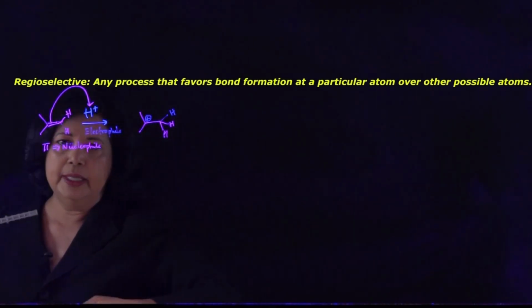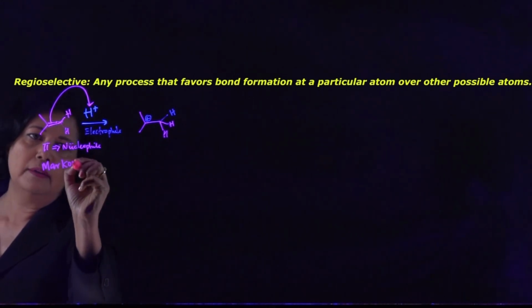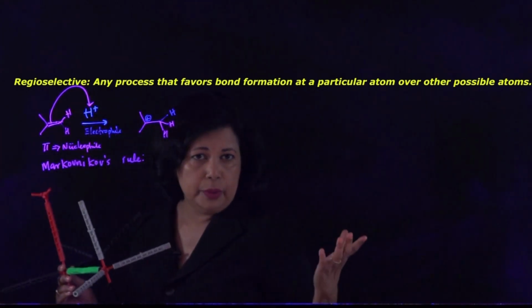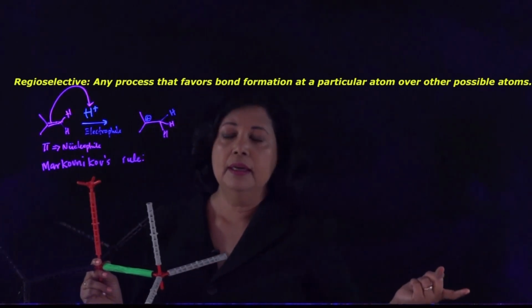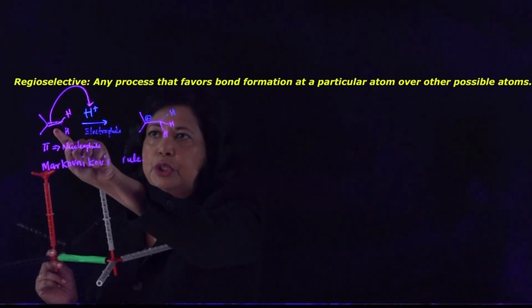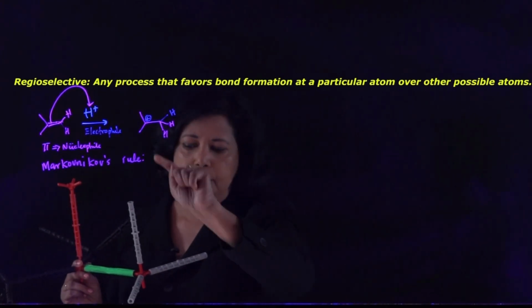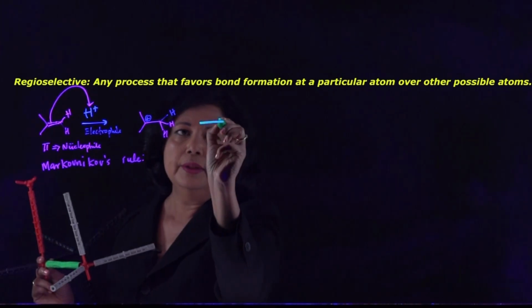And that is something that Markovnikov says. Markovnikov's rule says that when you have hydrogens attacking a pi bond, the H plus tends to go on the carbon that has more hydrogens, creating a more stable carbocation, which is then attacked by another nucleophile.